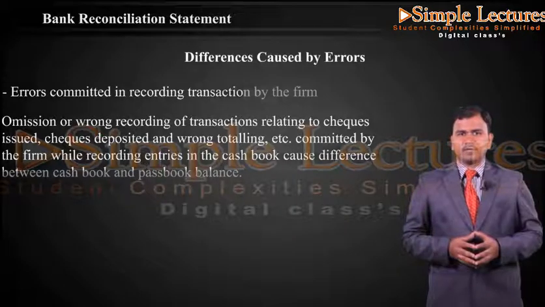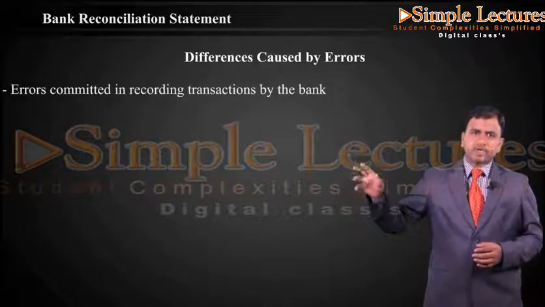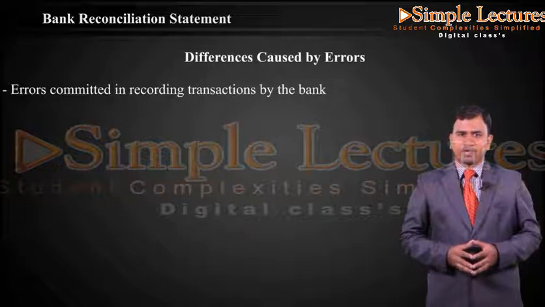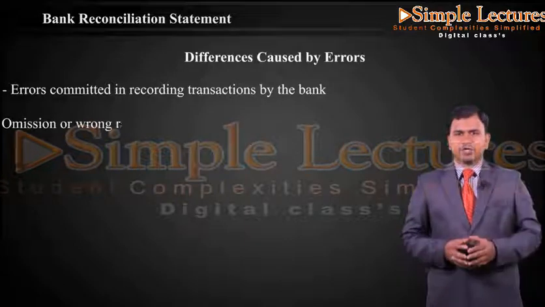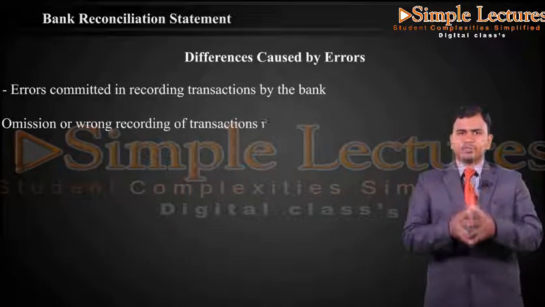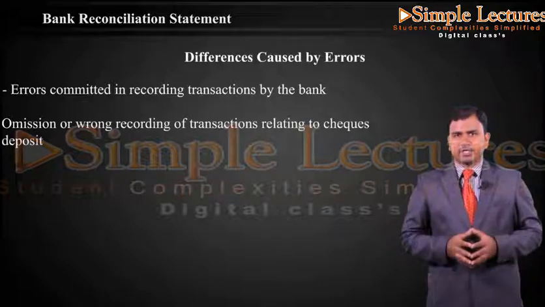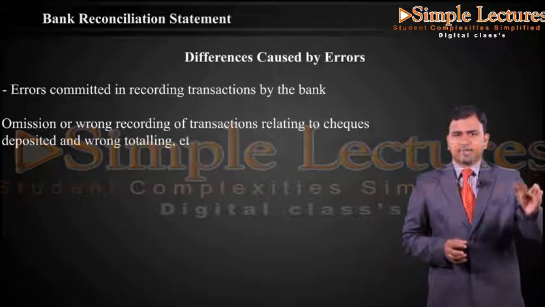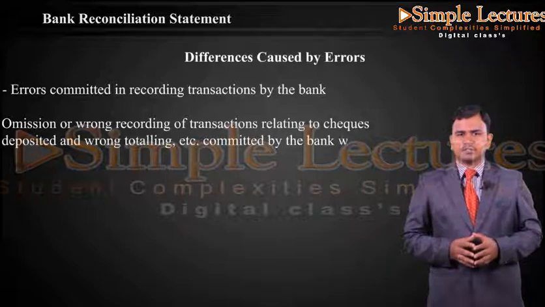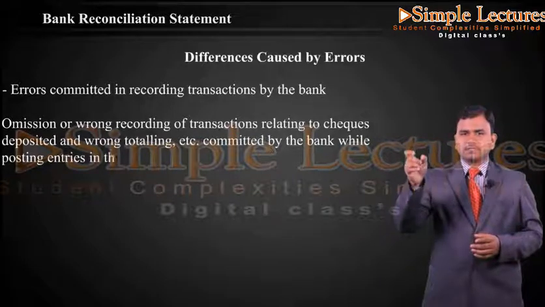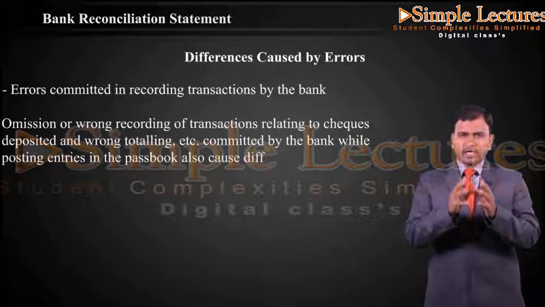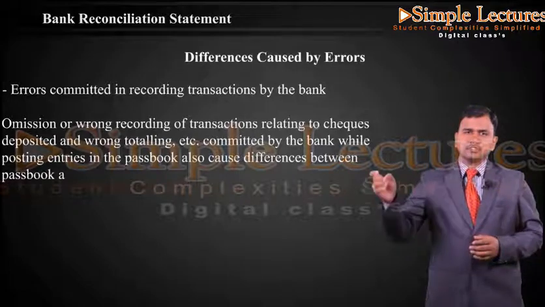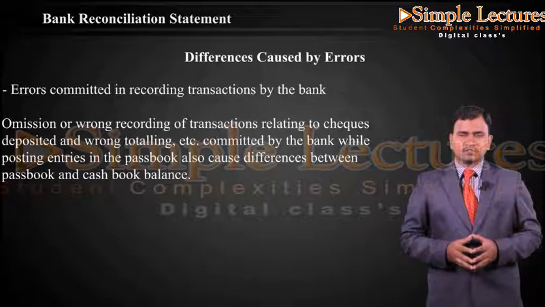And the second point, we have errors committed in recording transactions by the bank. Omission or wrong recording of transactions relating to checks deposited and wrong totaling, etc. committed by the bank while posting entries in the passbook cause a difference between passbook and cash book balance.